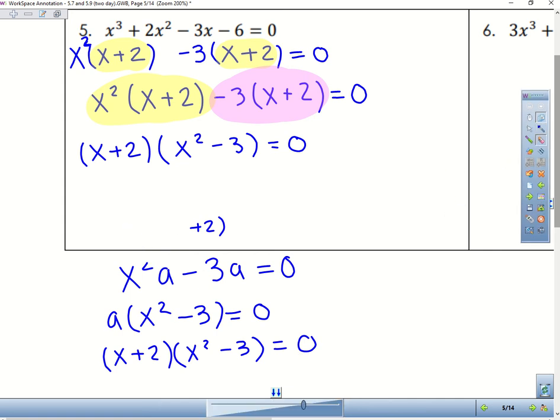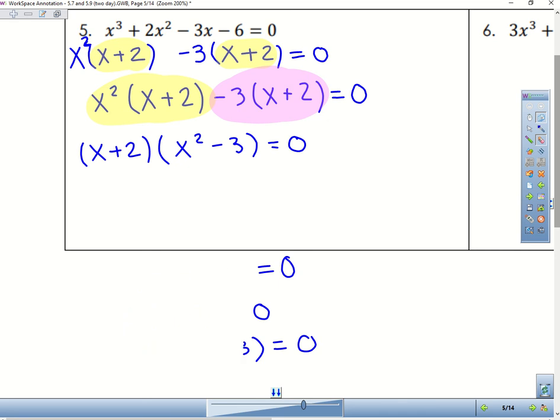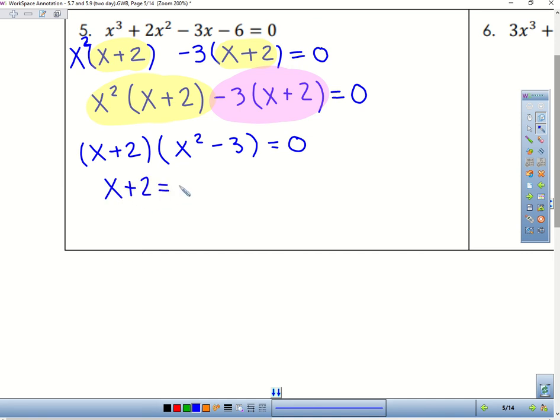So, now what are we going to do with those two solutions there? Set them equal to 0. Good. And then solve.